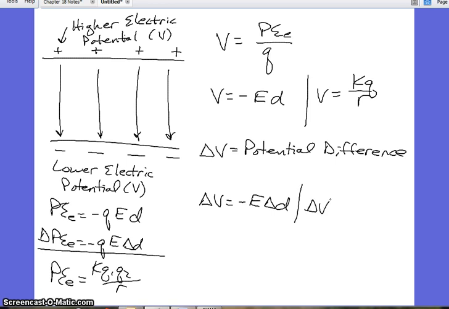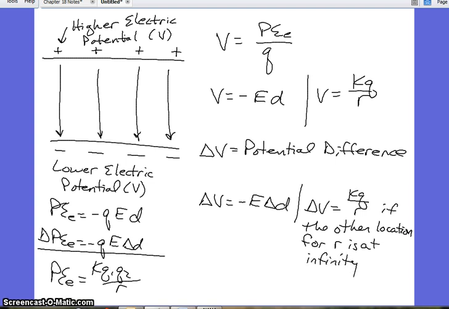Or, if the other location is at infinity, when R is at infinity, our electric potential is 0. So this potential difference is still KQ over R if the other location for R is at infinity. So that equation actually does not change.